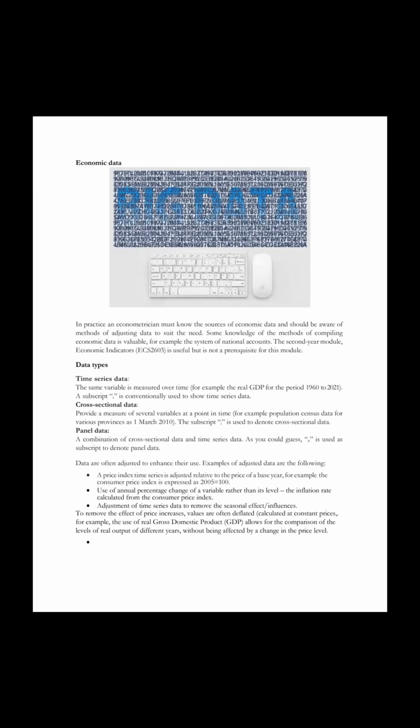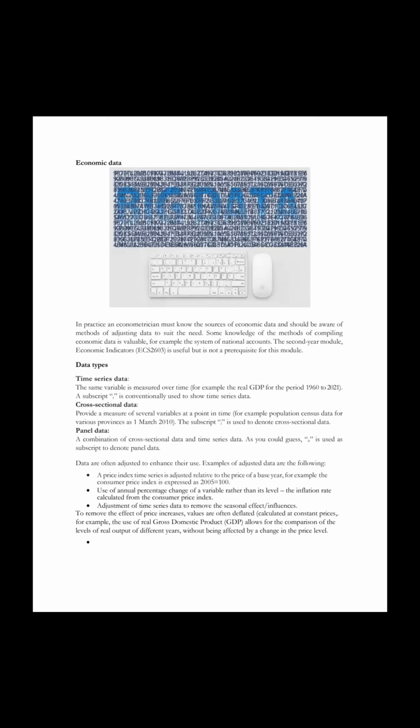And then cross-sectional, we are going to be looking at, say, the GDP within 1 year. I think I made an example and said the GDP of certain countries in 2018, for example. So that's cross-sectional data. You're looking at this within one period, at a particular point in time.